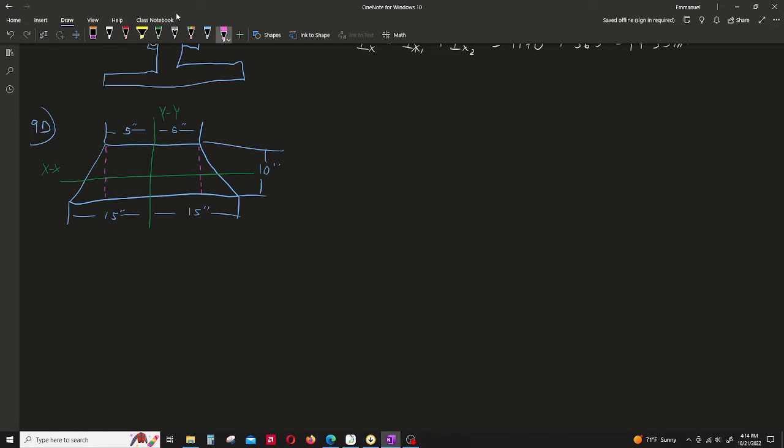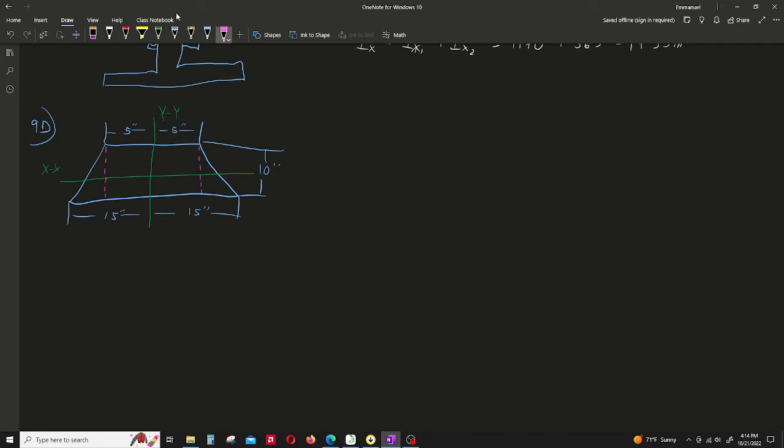So that means the top here is 10, and the height of the rectangle is 10, and 10 also for the height of the triangle. And then for the base of the triangle, I would say it's 15 minus 5 to get this area here.